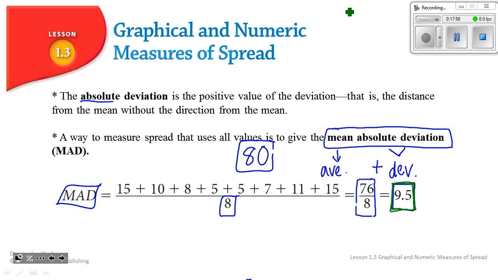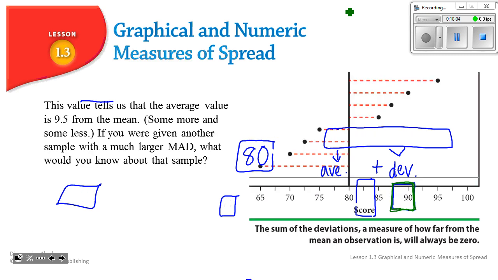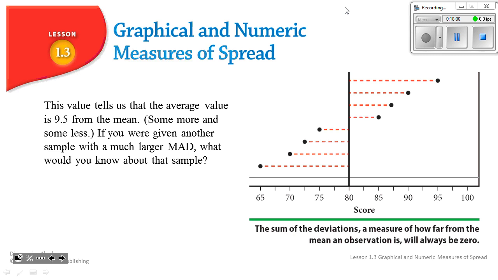So the scores in general are about 9.5 points away from the mean score of 80. Okay, so again, the value that we just found tells us the average value is 9.5 points from the mean. Some are more than that, some are less than that.